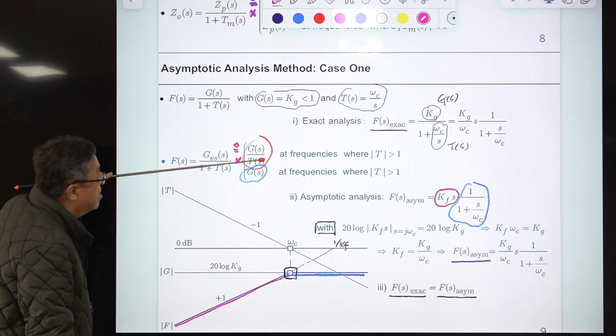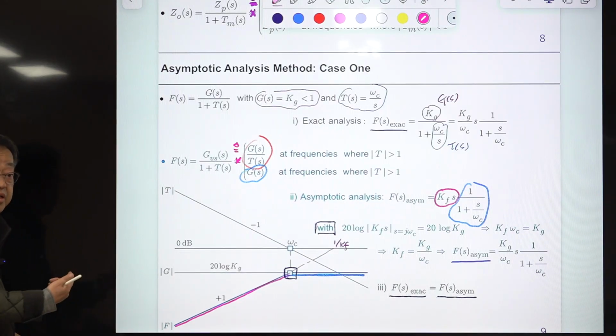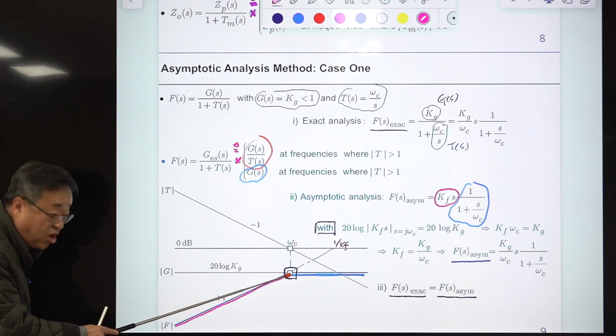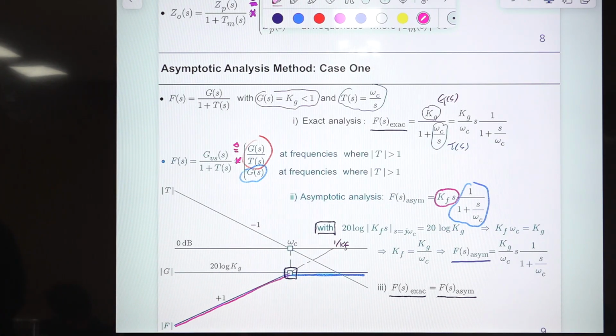GS in dB minus TS in dB. Okay, subtraction, right? So at this frequency, there is nothing to subtract because 0 dB. And at this frequency, you are subtracting this much from here, and here, you are subtracting this much from here.